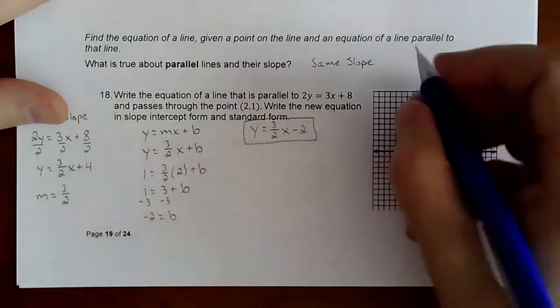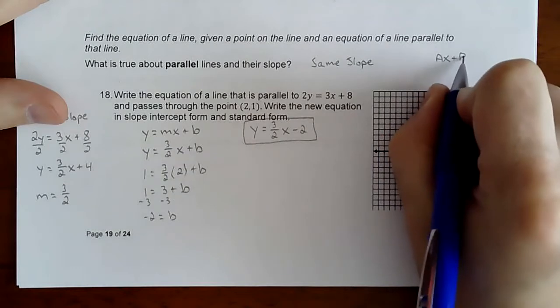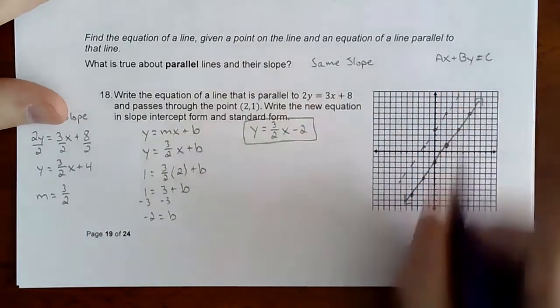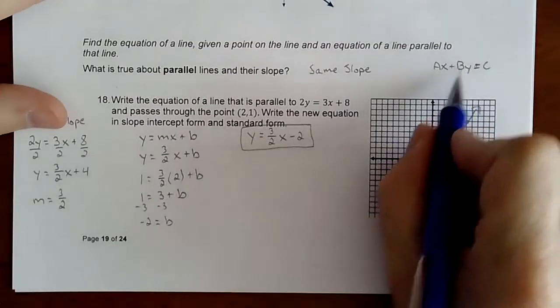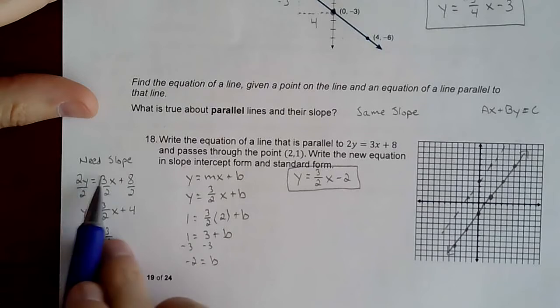Standard form. The standard form, if you remember, looks like this: Ax + By = C. All right, so the capital letters mean we should not have any fractions on this. So that's kind of step one. And then the other part is we're going to put the x's and the y's on the same side. So it's basically kind of going backwards-ish to this.